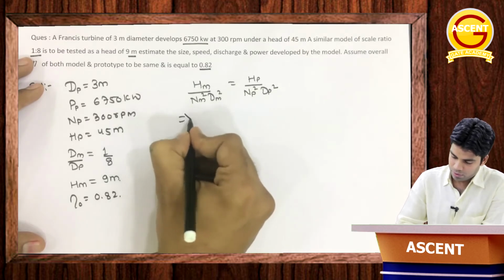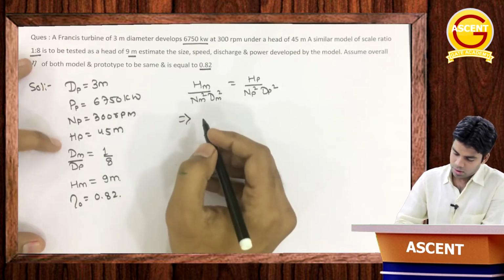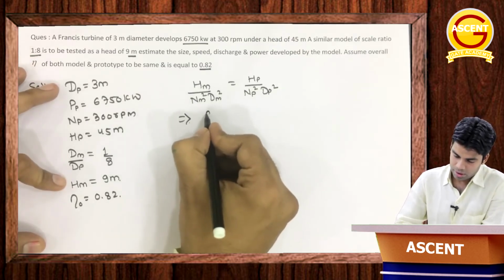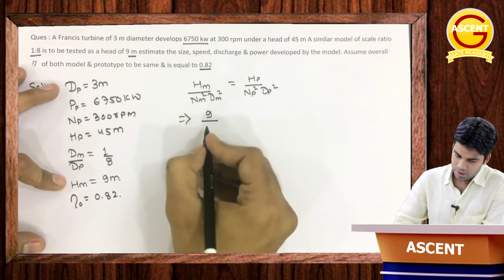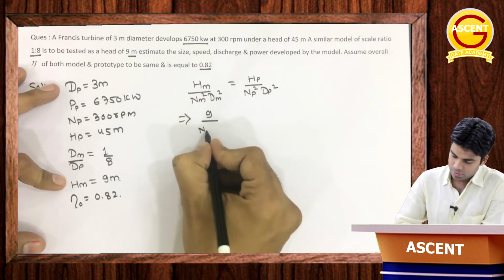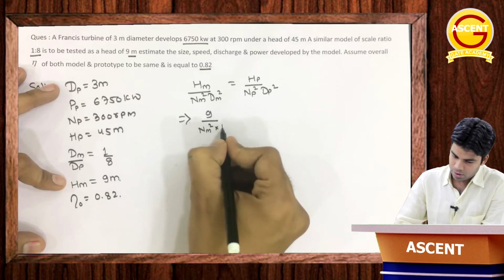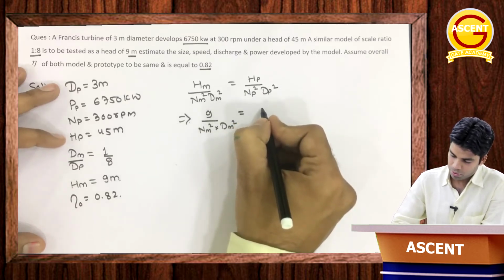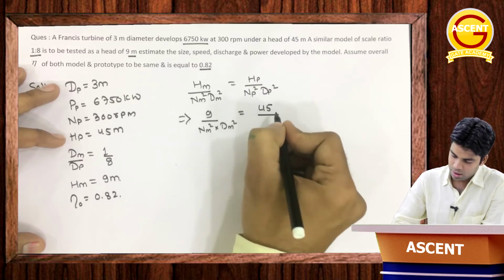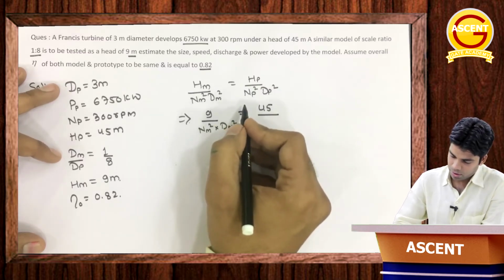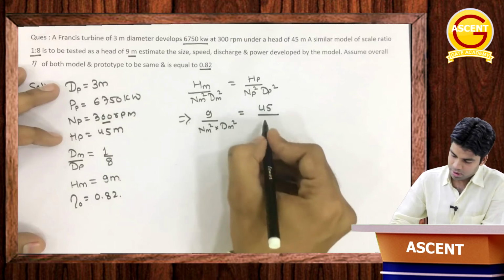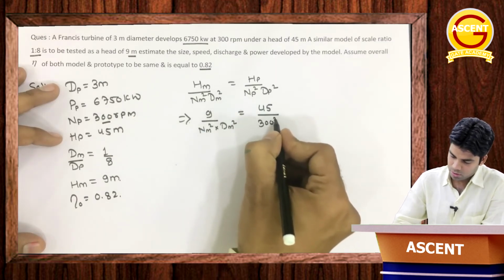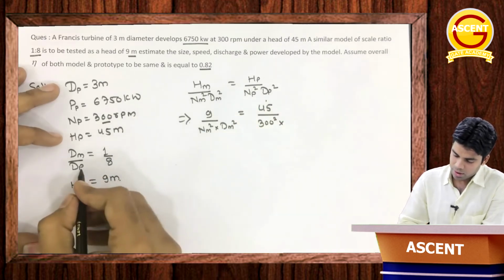Now further this can be written as: Hm is given as 9 meter divided by Nm square into Dm square is equal to Hp, for the prototype head is 45, divided by Np, which is given as 300, so 300 square into Dp. Now what is this Dp?